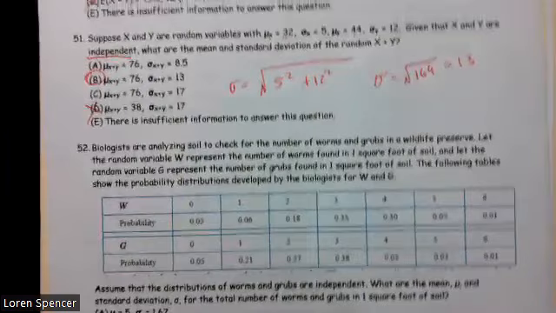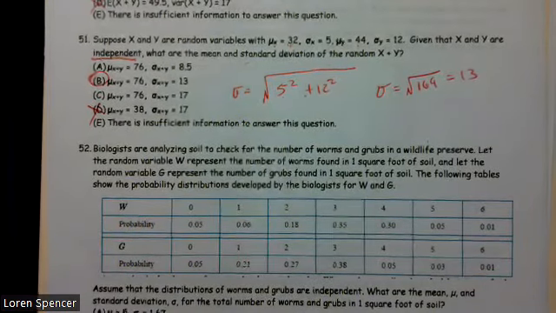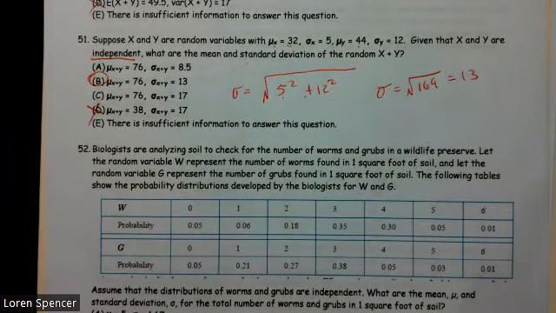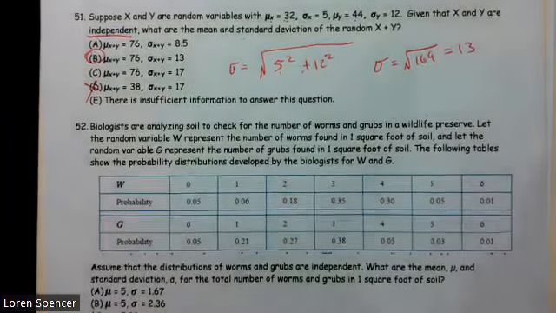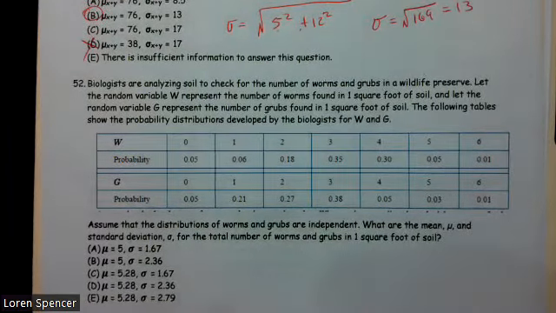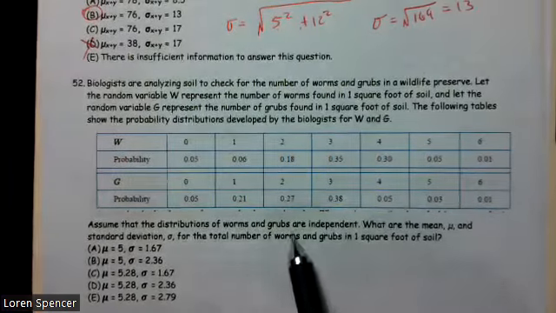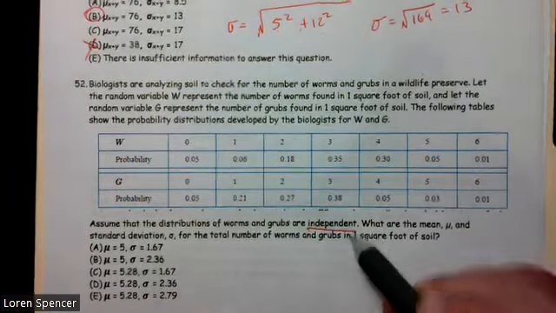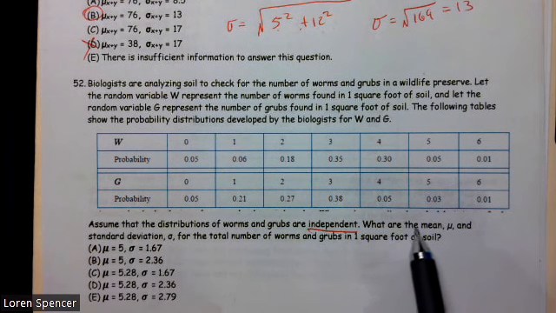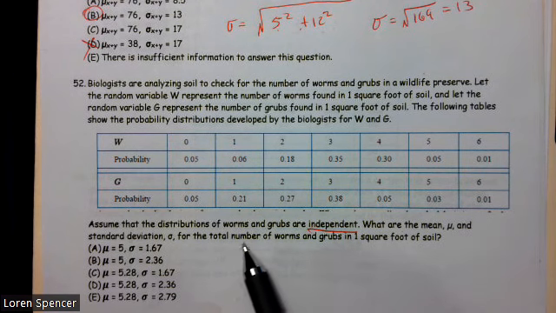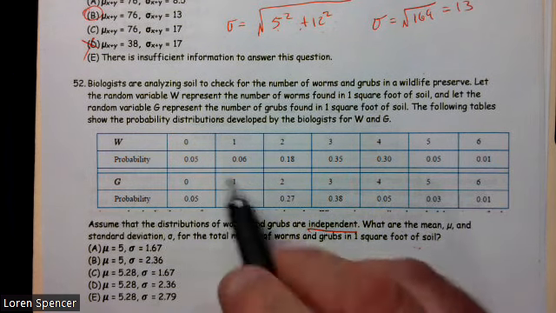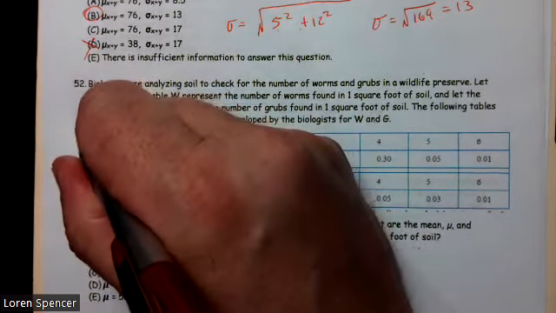The following table shows the probability distributions developed by the biologists for W and G. Assume that the distributions of worms and grubs are independent. Again, important if we're going to add standard deviations. What are the mean and standard deviation for the total number of worms and grubs in 1 square foot of soil? So what I recommend doing is this in a couple parts.